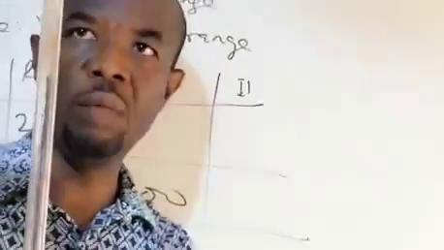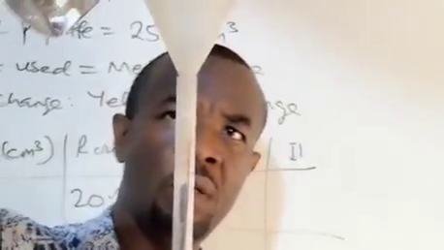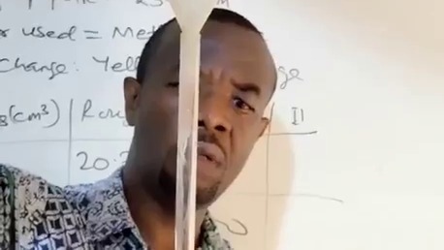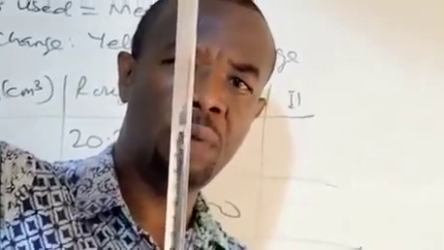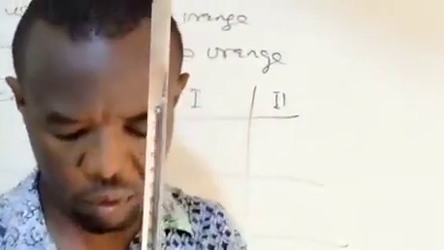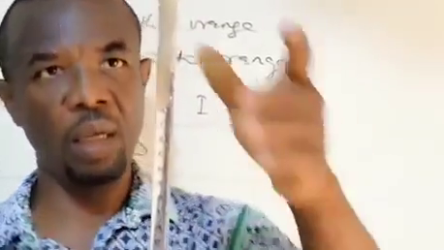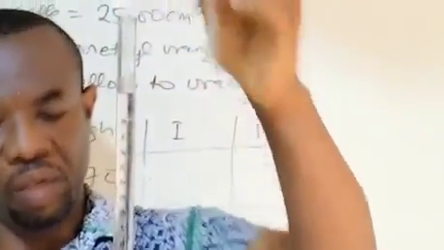Now I'm adding more acid, that is solution D, into the burette. So take it up to above 0. Bring back the acid container to the base of the retort stand.